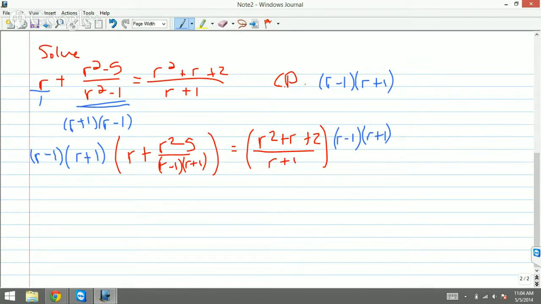Okay, so I've just rewritten it with the common denominator multiplied by each side, right? All right. On the right side, what cancels out? Somebody besides Mikey. John Parker, say it louder.